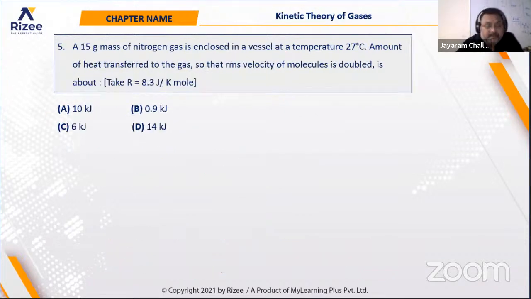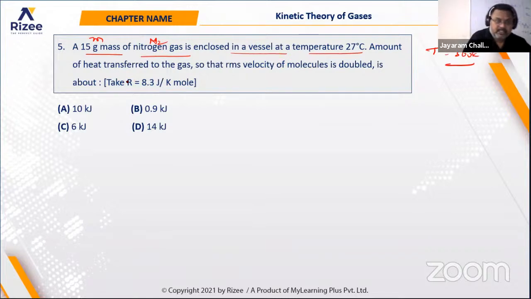So next one. A 15-gram mass of nitrogen gas is enclosed in a vessel at a temperature of 27 degrees. So nitrogen N2 is diatomic, and this is your mass M. Temperature is T equal to 300 Kelvin. The amount of heat transferred to the gas so that the RMS velocity is going to double.